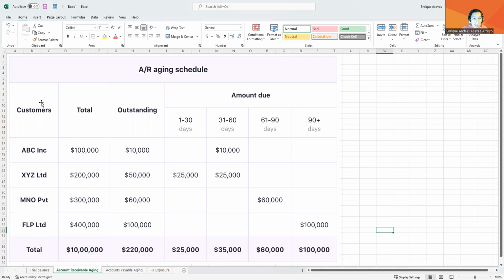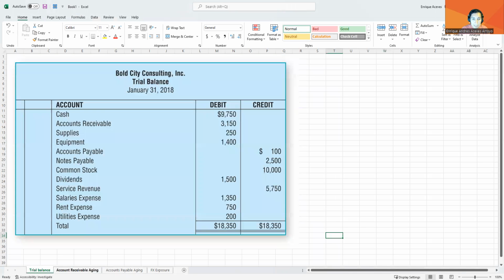Here, you will have a detail of customers with the total balance due to you. So ABC Inc. owes you $100,000 in total, of which 10,000 is outstanding. So this final balance has to match with your trial balance.